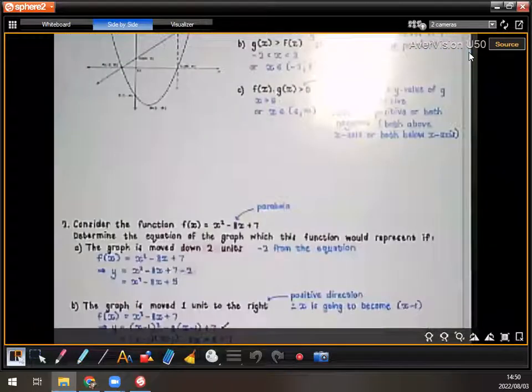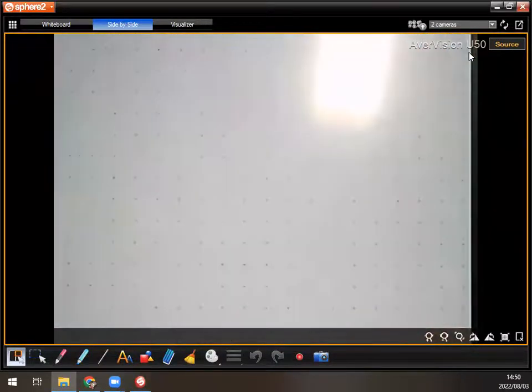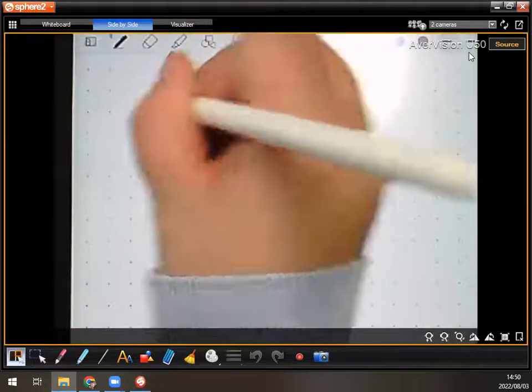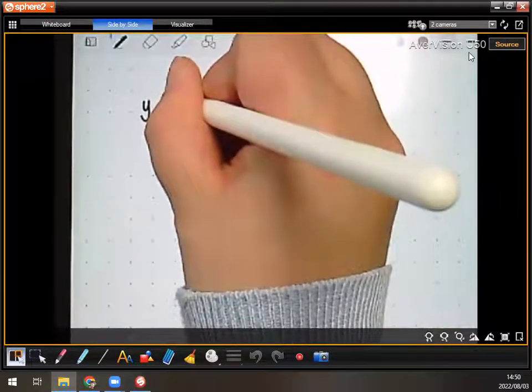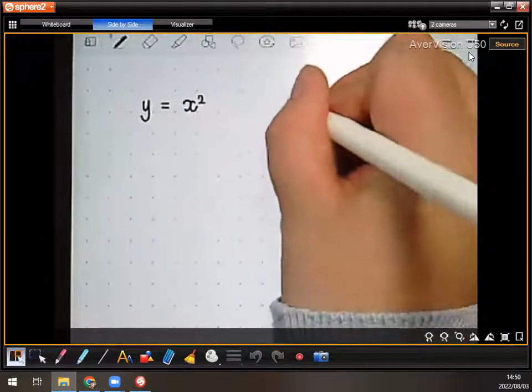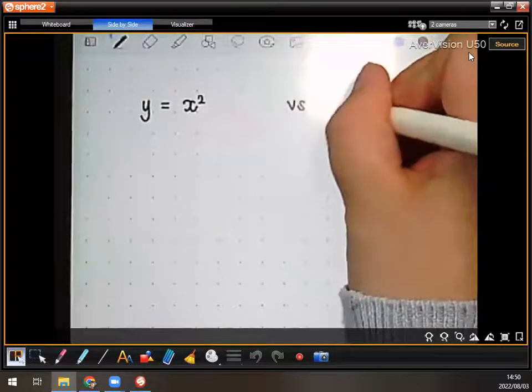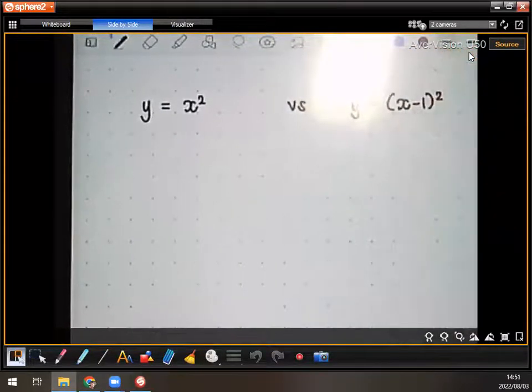If you do, let's go to another page, please. If we're doing the graph of y equals x squared, right? Versus the graph of y equals x minus 1 squared.